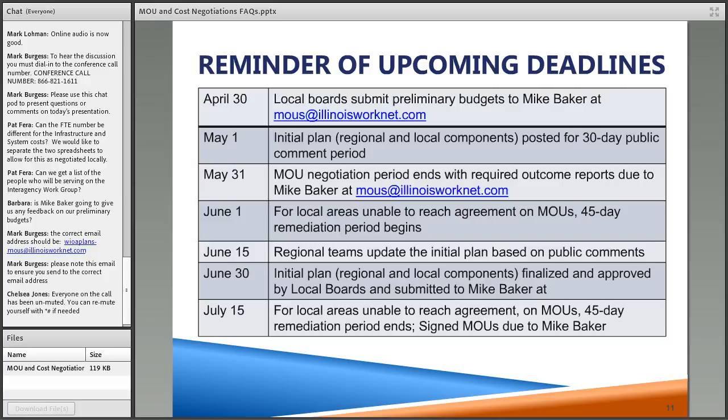So we'd like to separate out the infrastructure and the system cost FTEs, at least for this first year, but those spreadsheets are tied together. I suppose I could do them again, but I just wondered if that's possible. And Pat, what you're suggesting would require a revision to the spreadsheet to enable that, I think.